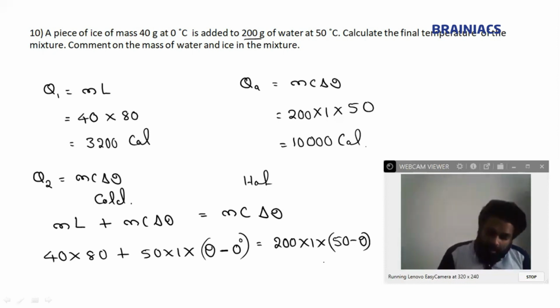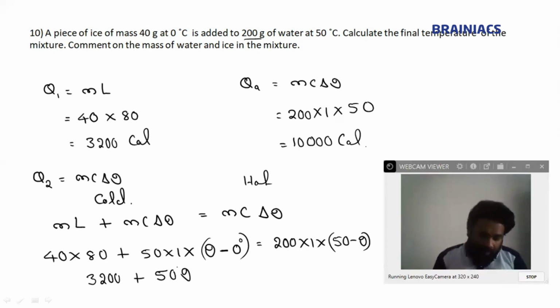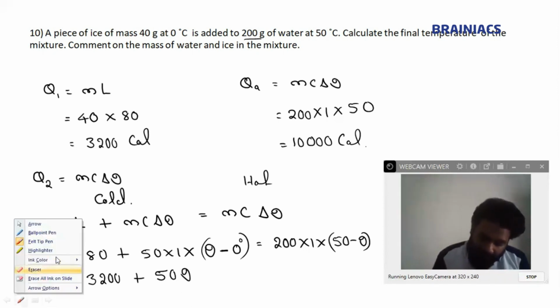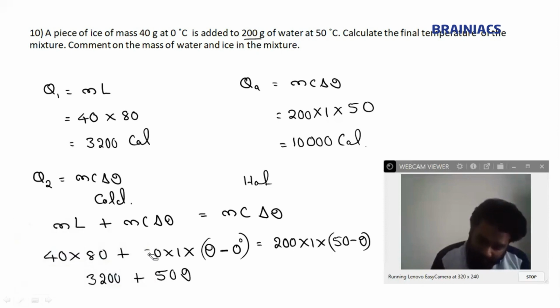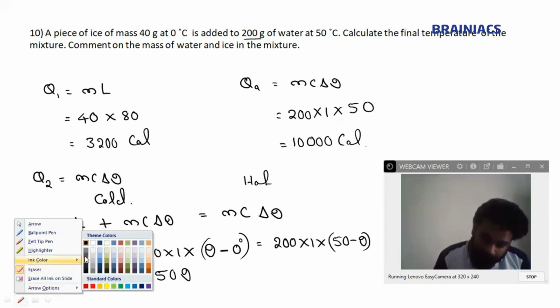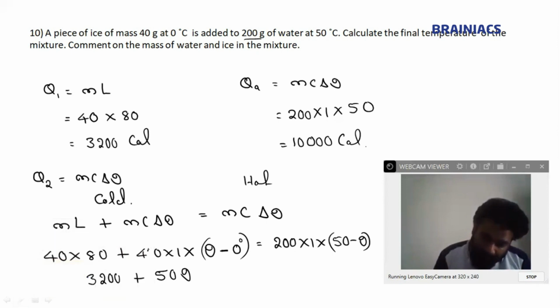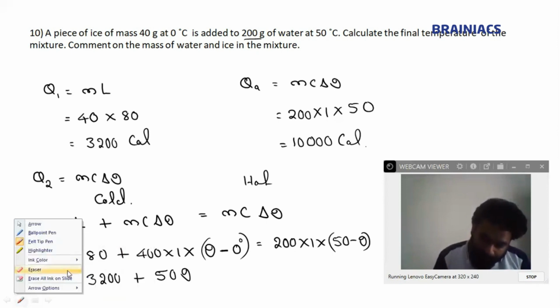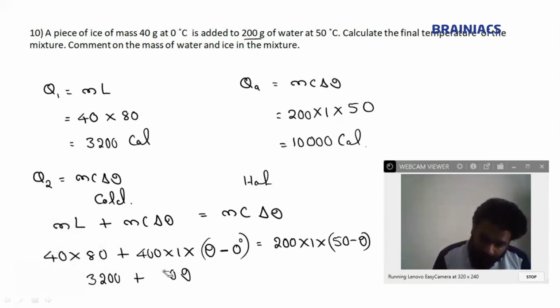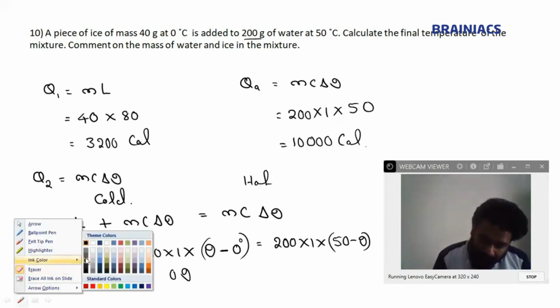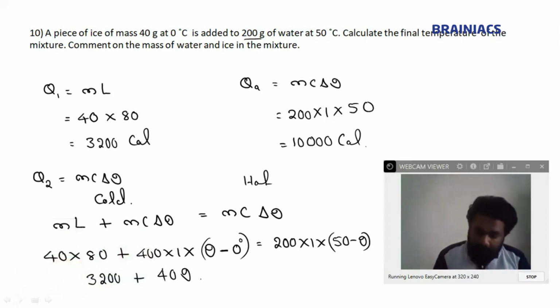Clear or what? Now this is 3200 plus this is going to be 50 theta. Okay, correct or what? Not 50, this is 40. Here there is a mistake. This is 40 gram. Okay, so this is 40 theta.